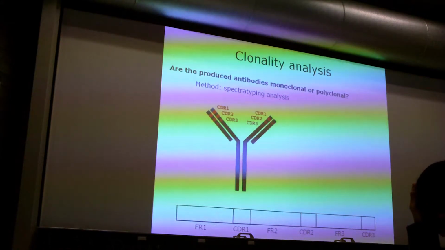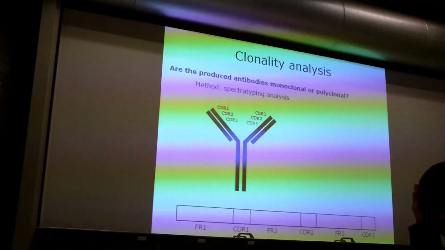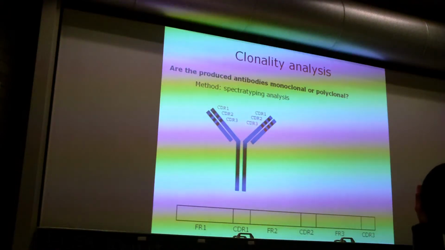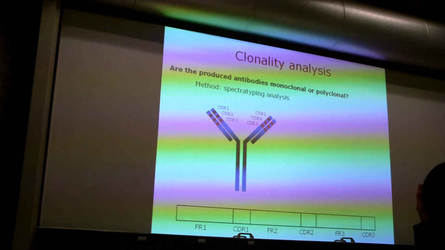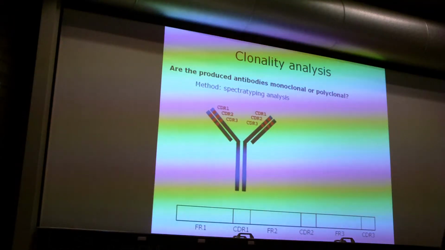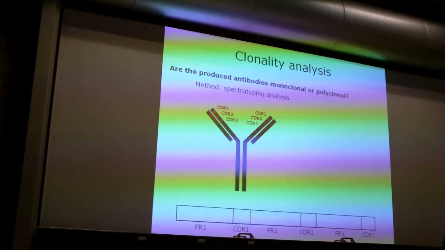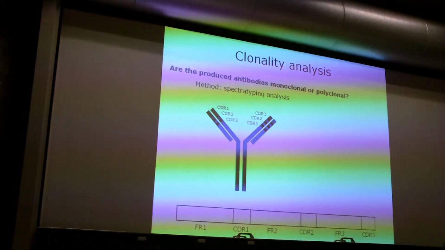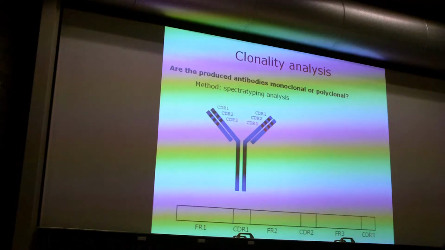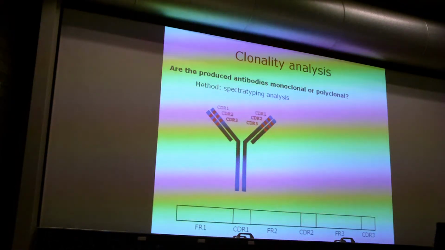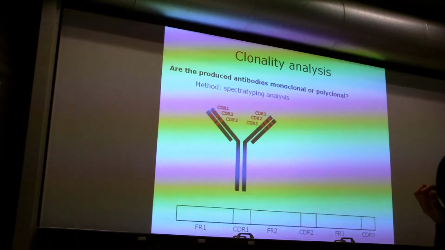They don't have a constant length, but they differ in their length between, I think, 10 and 30 amino acids roughly in most cases. And by doing a PCR between the framework regions, which you see down there, and they sit in between the CDRs, you can determine the length of the PCR fragment, and then you know if it's always the same, that is a monoclonal.